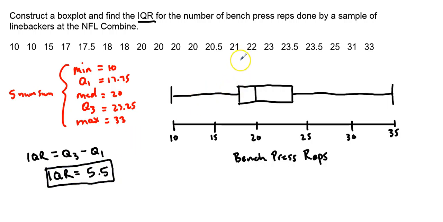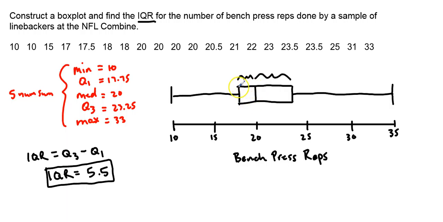So a couple things I want to look at up here just in interpreting this box plot. Number one, you can see that this piece right here is a lot less spread out than this piece right here, which means from the 25th to the 50th percentile, those data points are much closer together.